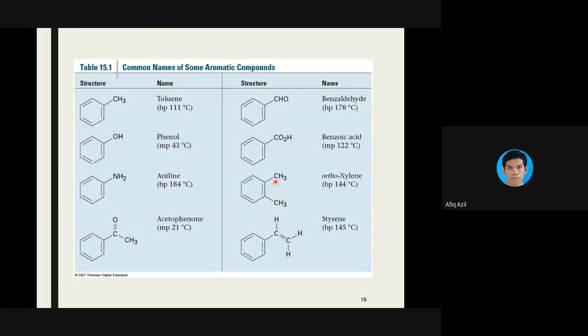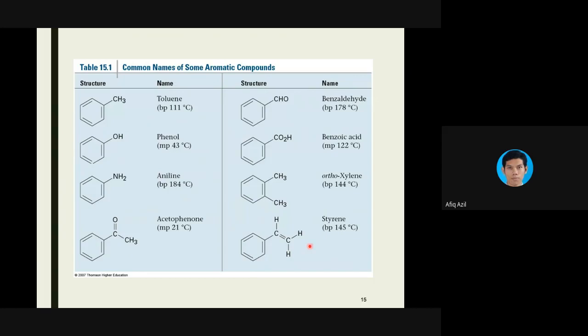And if it contains two methyl groups, if you have one methyl, the name is toluene. Two methyl over here, it is known as xylene. And the last one is styrene. This is the starting material for the polymer known as polystyrene.